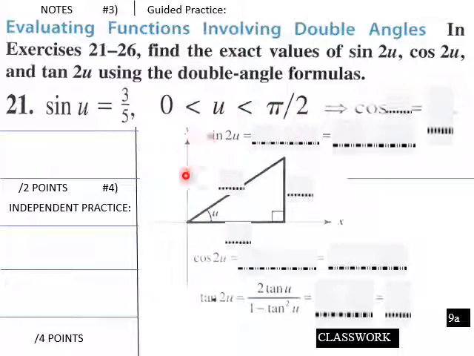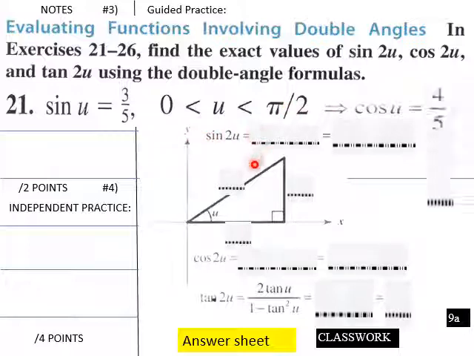So within these conditions here, for cosine u, we get 4 over 5 by using these triangle measurements, if our sine u is 3 over 5. So this is our u here: sine would be 3, this would be 4, and this would be 5.